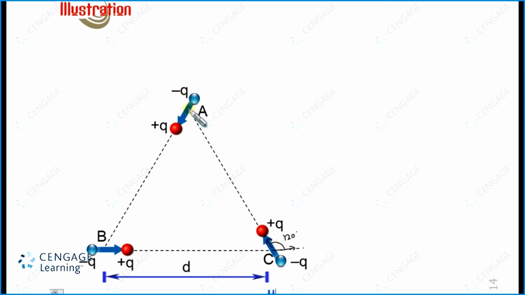Similarly, if we prolong this line, the electric field vector because of this dipole will be in this direction, and the dipole moment is in this direction. That means this angle is again 120 degrees.